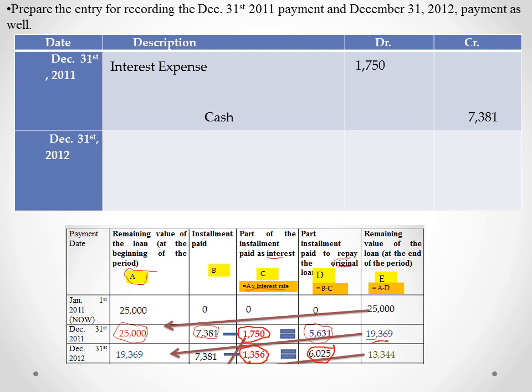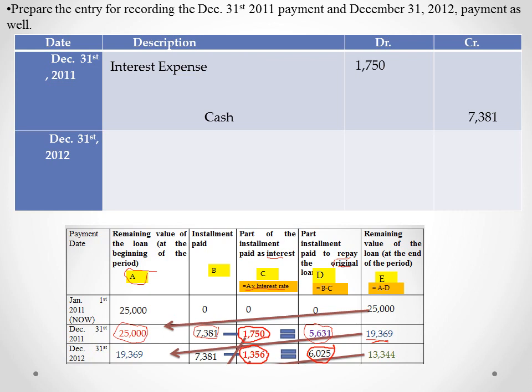The interest expense on December 31st, 2011 is given in column C here, 1,750. This means that Randa will record an increase in its interest expense by debiting 1,750. Then the remaining amount of the 7,381 cash represents a reduction in the original amount of the loan.